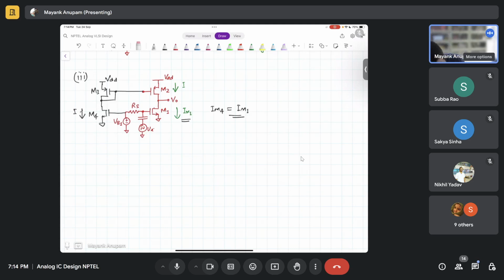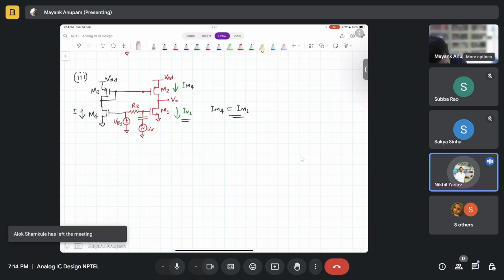This is also going to be IM4, right? Now we can say that IM4 is equal to IM1. So this will take care of all the process and temperature variations, isn't it? Even if the threshold voltage changes somewhere, it doesn't matter, right?